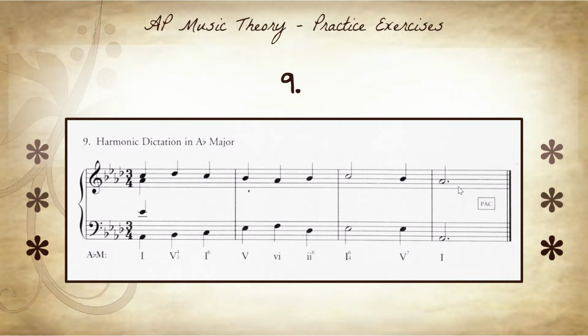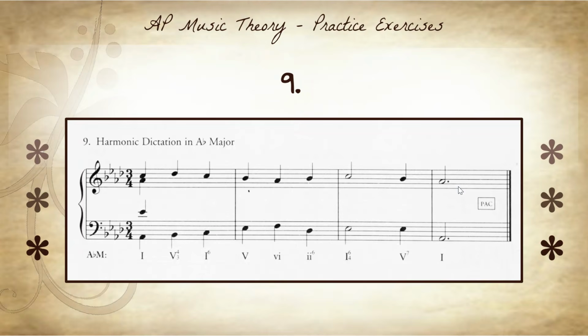And here we have the answer to harmonic dictation in A flat major. So this example has a passing chord between the tonic and the first inversion tonic. In this case, it is a second inversion dominant seventh chord with a deceptive progression in measure 2, and by now a familiar perfect authentic cadence.